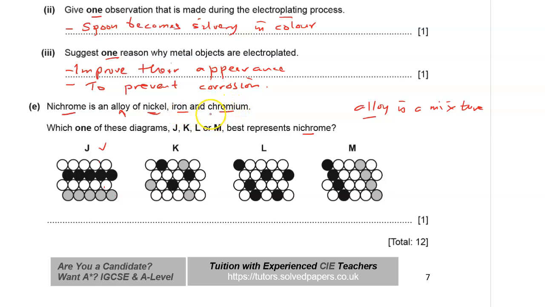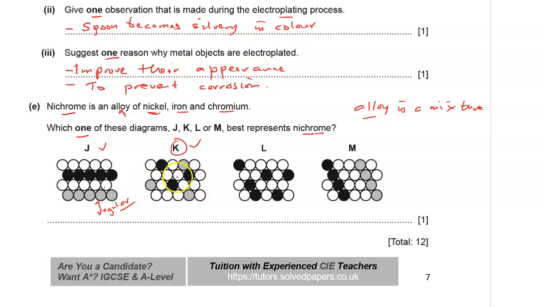When you melt all these three metals and mix them, there's no way to determine a regular pattern like this one. This is a regular pattern. A regular pattern is not possible, and therefore I will go for K. K will be the one which represents nichrome, which is an alloy.